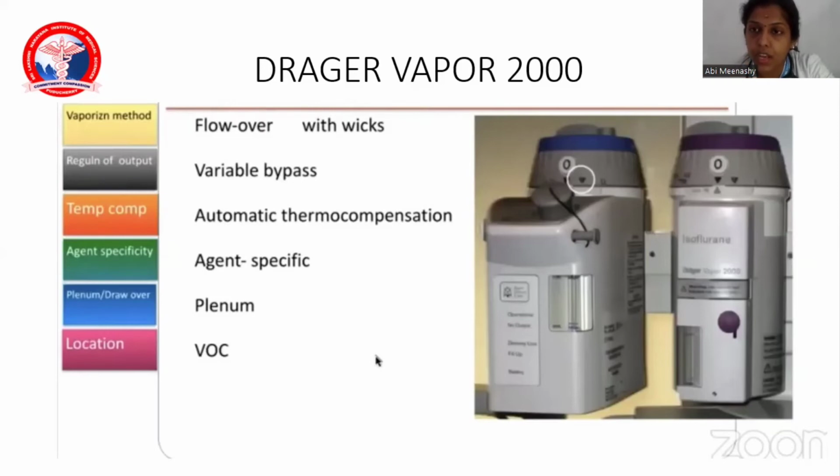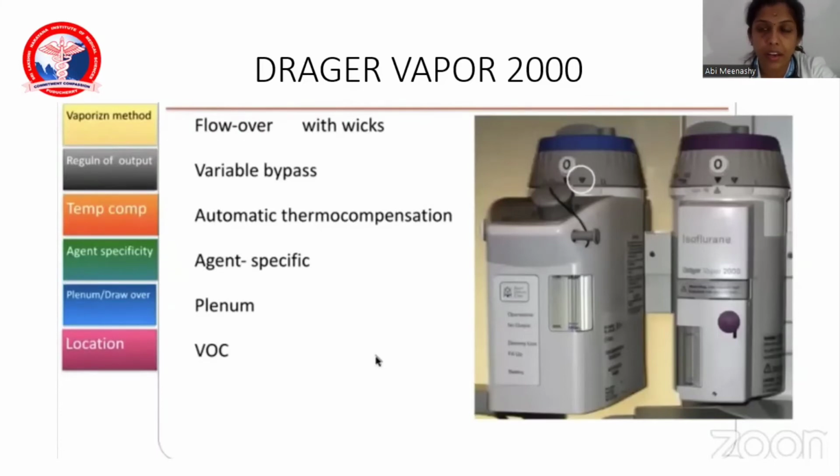So there is something called tilting and tipping, where you're not supposed to tilt your vaporizer. Drager Vapor 2000 has an option here, where this is your zero dial calibration. Here is your transport. T is called transport. Whenever you are transporting, moving the vaporizer, if you keep it in transport mode, the vaporizing chamber will be shut off and there will not be any spill over into the bypass chamber.